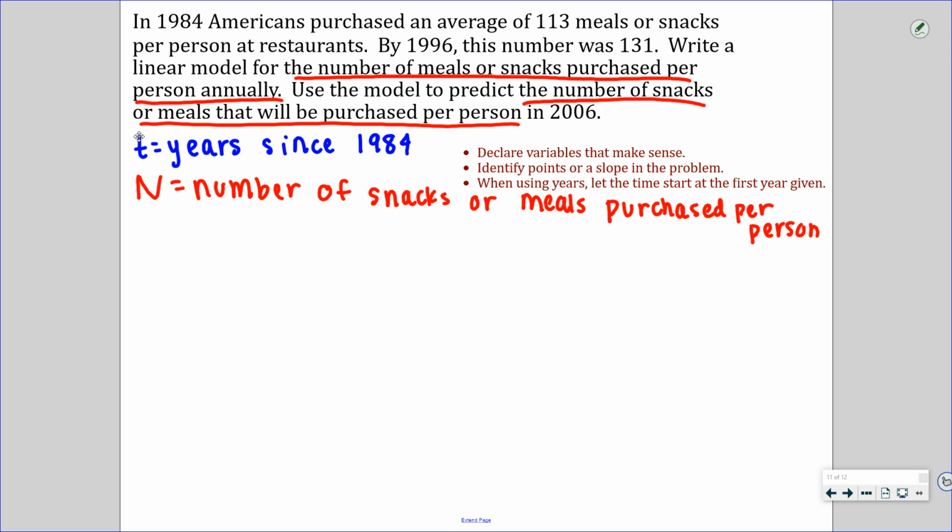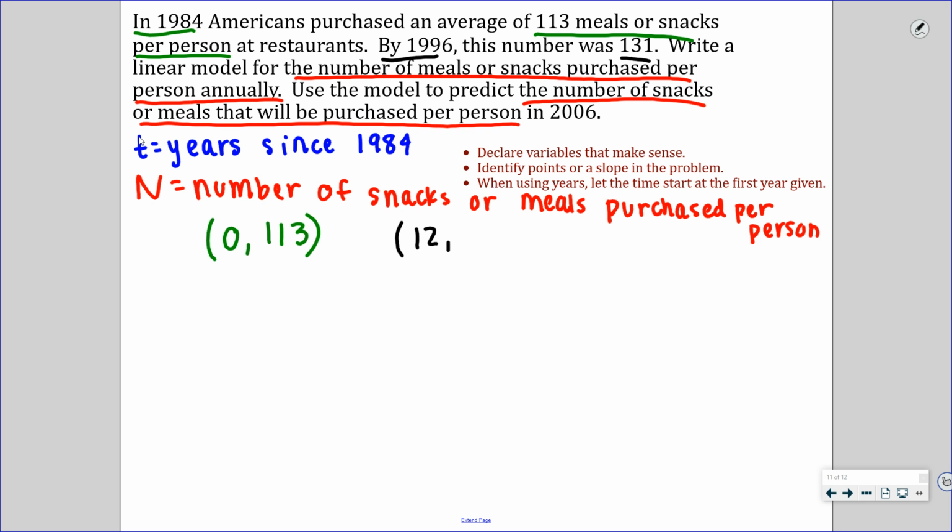Okay, so if I'm letting T be my years since 1984, in 1984, 113 meals or snacks per person were purchased. So I'm going to call that year 0 because T is years since 1984, 113 meals or snacks. Okay. By 1996, this number was 131. How many years since 1984 is 1996? 12.